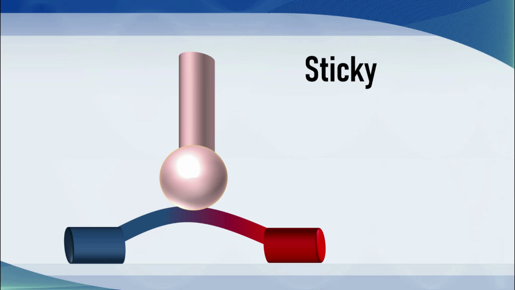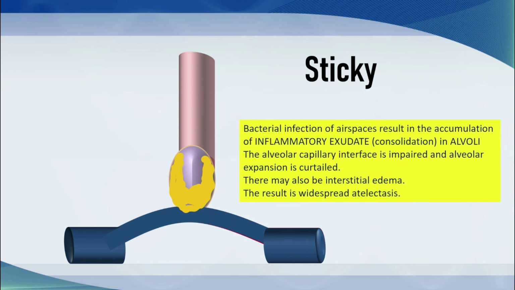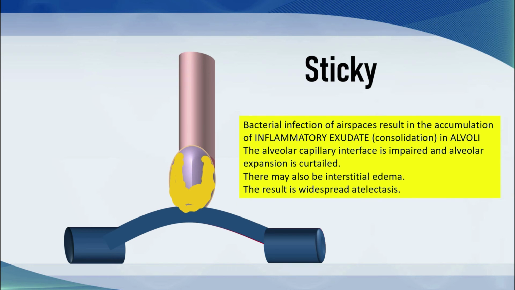Sticky lung units. This refers to the collection of material within the alveoli. This typically happens when there is bacterial infection of air spaces, and this causes an inflammatory reaction, and the result is the accumulation of an inflammatory exudate within the alveoli.